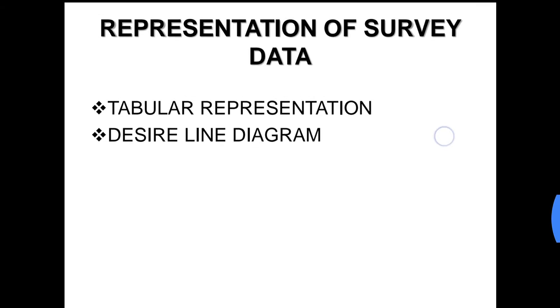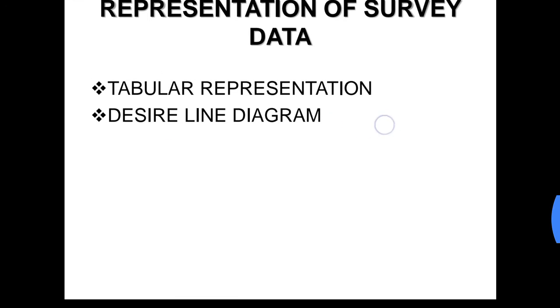Now after the survey part, once we have collected the data, we need to have a representation of the survey data. This is possible using either a tabular representation or a desire line diagram.